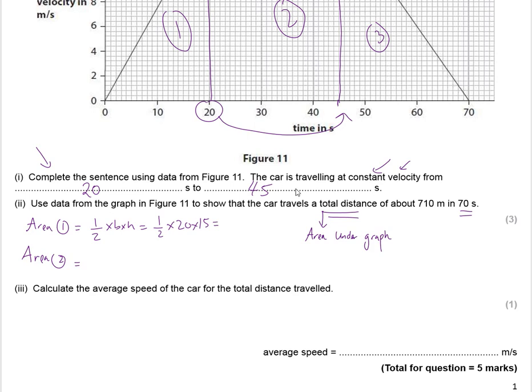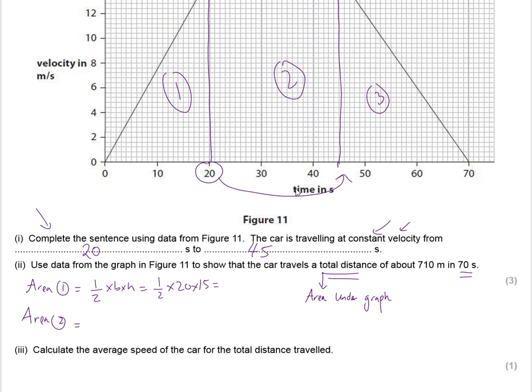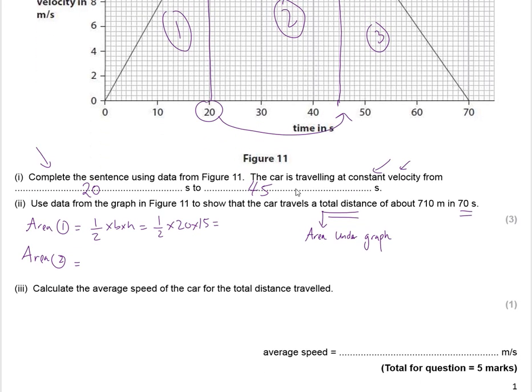Now, second one is the area 2. So this is just the width and the height, so length times width. So the length is 25. Why is it 25? Because from 20 all the way to 45. Multiplied by 15, which is the height. Okay, and then we need to work out the area of number 3, which is another triangle.